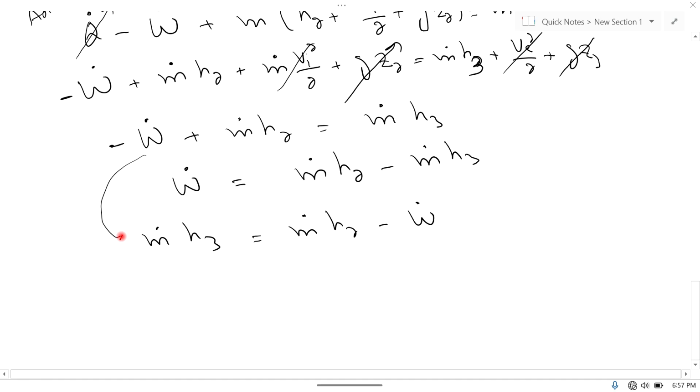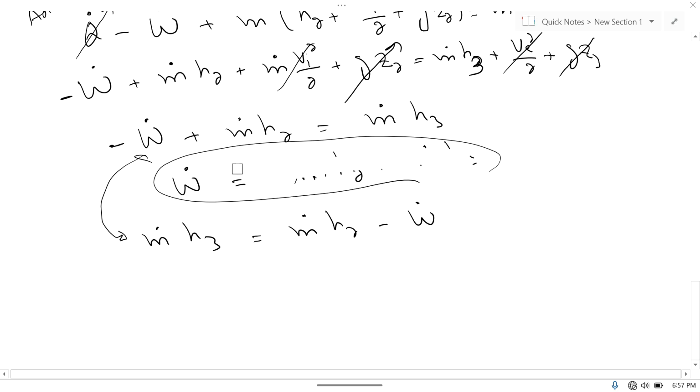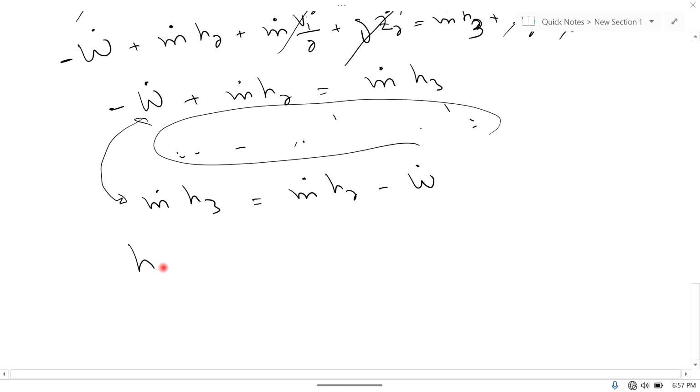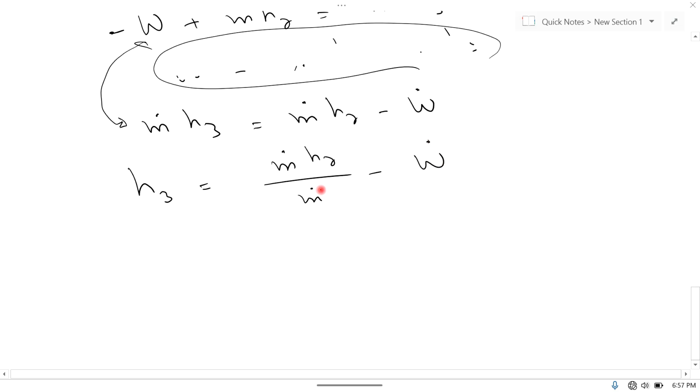These two equations are the same, so no need of this step. So H3 is equal to m dot H2 divided by m dot minus W dot, or m dot will be cancelled. So H3 is equal to H2 minus W dot divided by m dot.